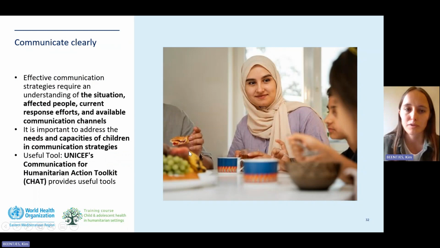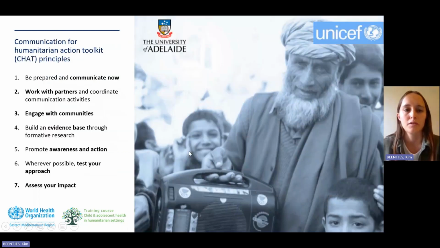I have put some more information from this toolkit here, and they provide some tips on good communication. So this includes being prepared and communicating now, working with partners, engaging communities, building an evidence base, promoting awareness and action, testing your approach, and assessing your impact.